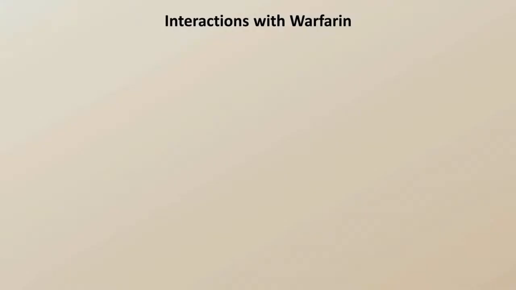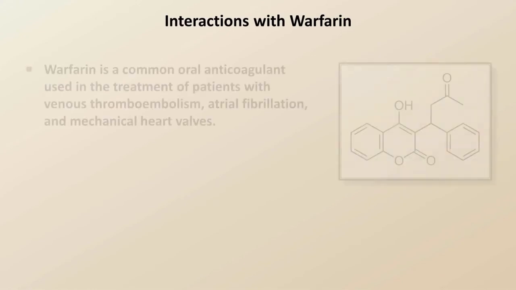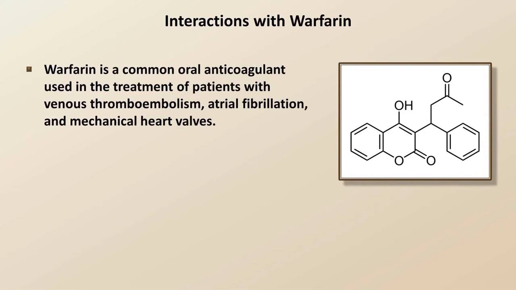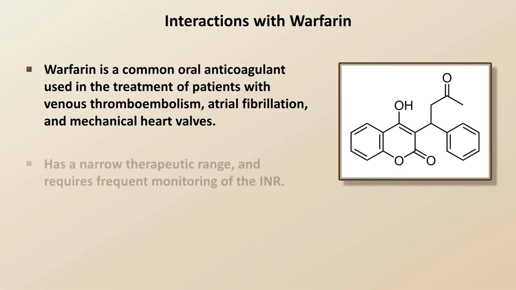Yet another common toxicity involves interactions between antibiotics and warfarin, also known as Coumadin. Warfarin is a common oral anticoagulant used in the treatment of patients with venous thromboembolism, atrial fibrillation, and mechanical heart valves. It has a narrow therapeutic range and requires frequent monitoring of the INR to prevent excessive risk of bleeding.